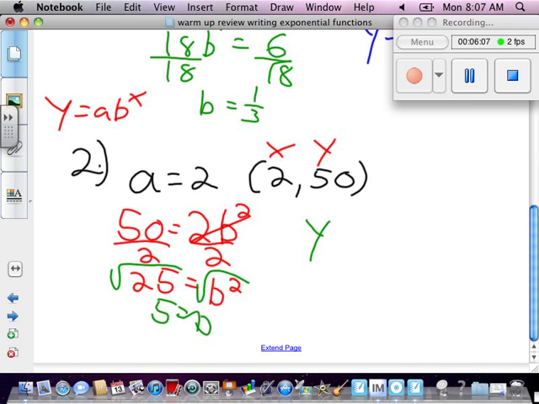So we have y equals a, which is 2, times 5 to the x. So you guys thought that was a log problem before we did the 2 points, huh? So much easier.